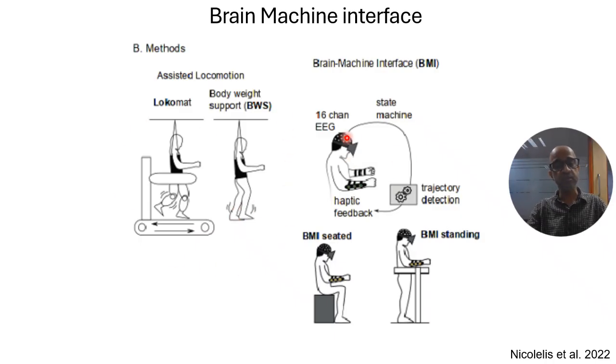Now, they added haptic feedback, somatosensory feedback, as well as recorded the EEGs. So they're trying to see, can we decode these signals when the human is trying to make these kinds of movements, and then create a simulation of movement, right? And give feedback. So the human is now solving a virtual navigation task.